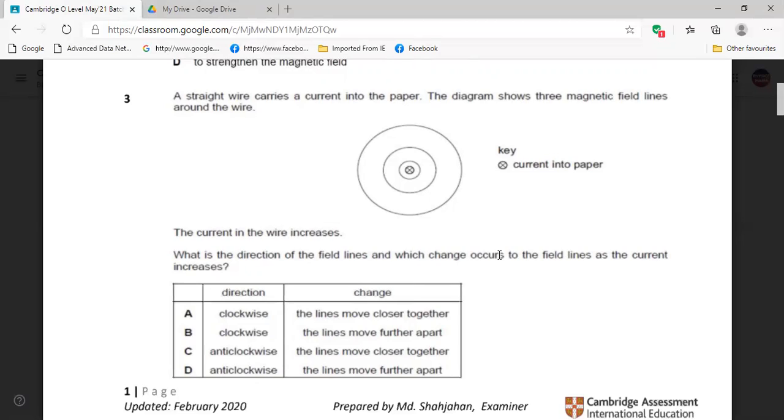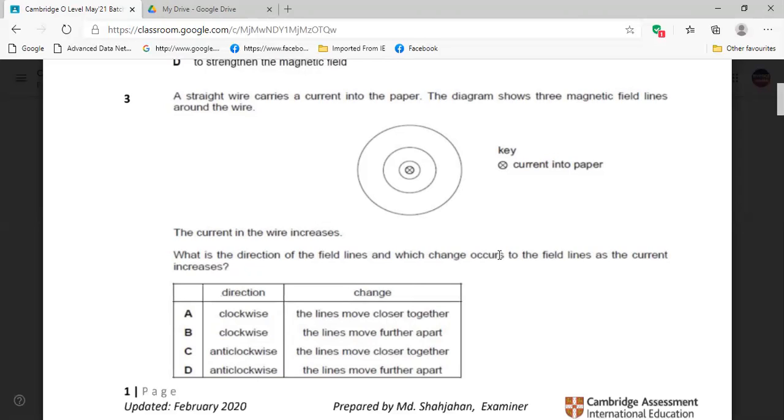So what could be the possible answer? It is right hand grip rule, right? The direction of field lines is clockwise or anti-clockwise.